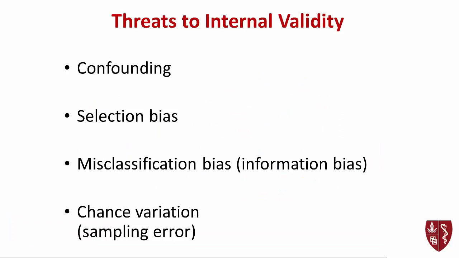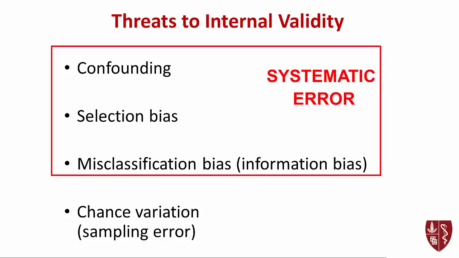Now, here are the 4 main common threats to internal validity: confounding, selection bias, misclassification bias, also known as information bias, and finally, chance variation. And this is the random error piece. Now, there are actually several catalogs of study biases, but most researchers will agree that you can bin all of these sources of bias into these logical bins that I've provided here on this slide for you.